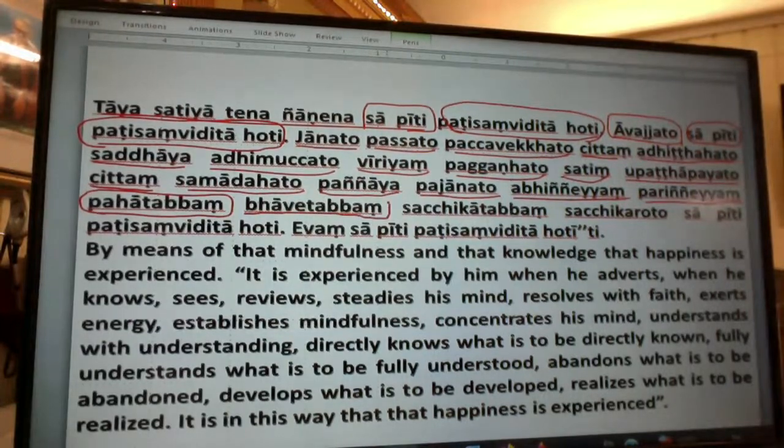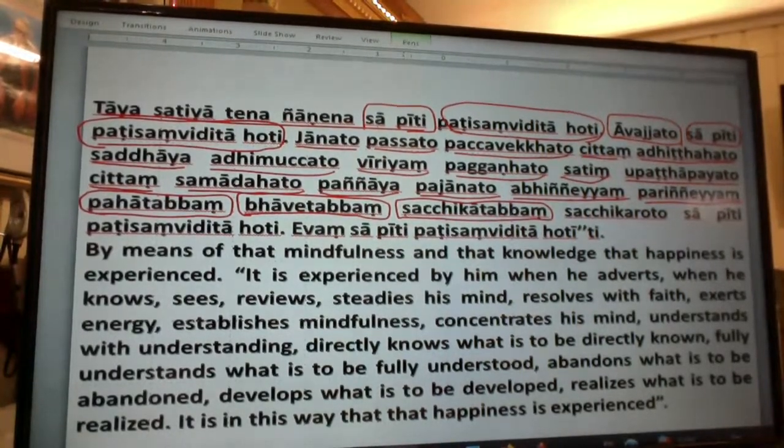Bhavetabba. Bhavetabba is that we have to develop the Noble Path, Magga satya. Sacchikatabba. Sacchikatabba is that we have to understand Nibbana, Nirodha Satya.